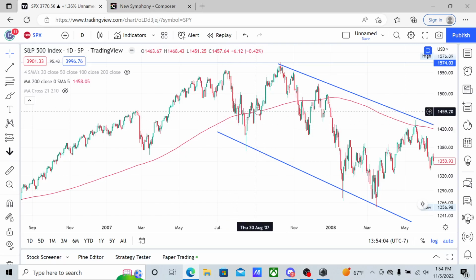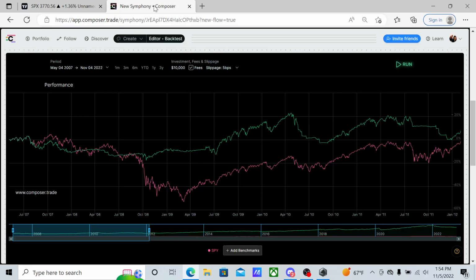So this tells you right here that something might be coming up soon, or there's some sort of instability in the market. This started happening around July into September, and you can see that actually play out in your strategy here.